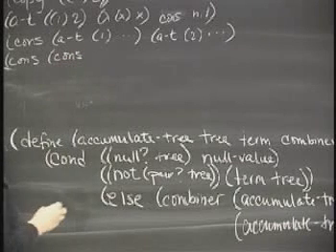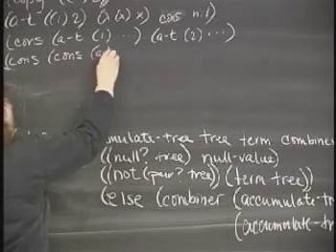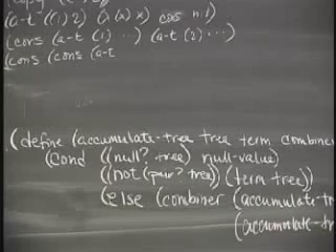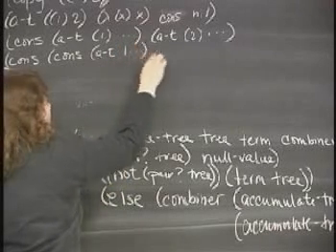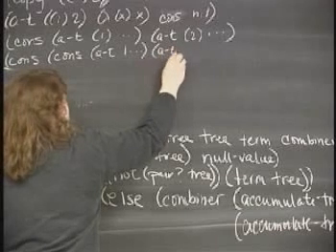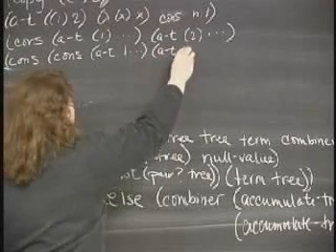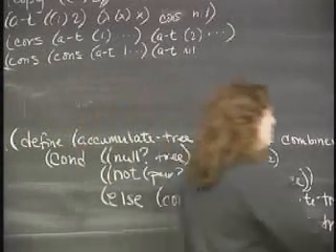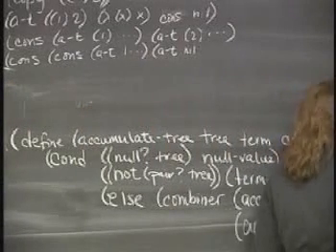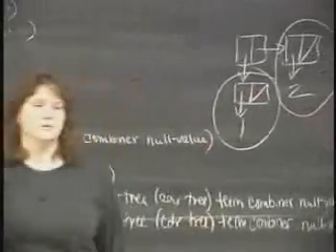So we're going to cons 2 things together. Accumulate tree on the car, to the accumulate tree of nil, the cdr of this. So the car, this is what we're looking at right now. The car points to 1, and the cdr is nil.